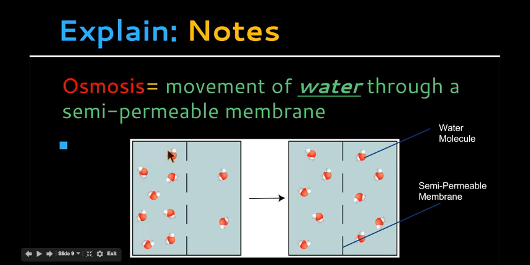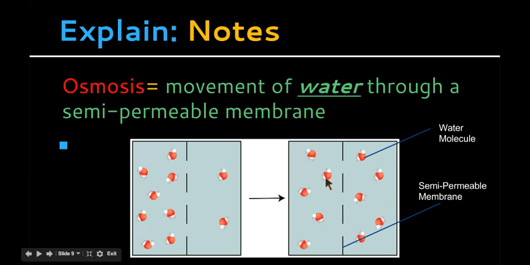So if we start on the left here, we've got 1, 2, 3, 4, 5, 6, 7, 8 water molecules on the left, 2 on the right. The water molecules can pass through the semi-permeable membrane, so after some time has passed, the water molecules, through osmosis, have moved through the semi-permeable membrane, and now we have equilibrium.